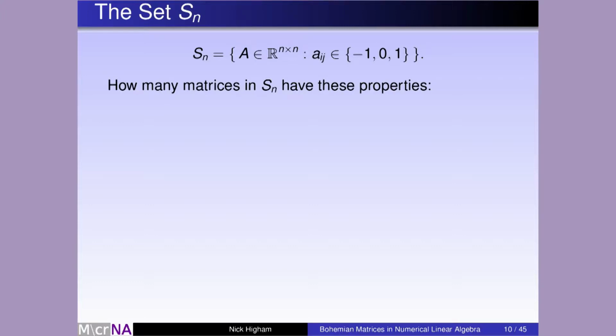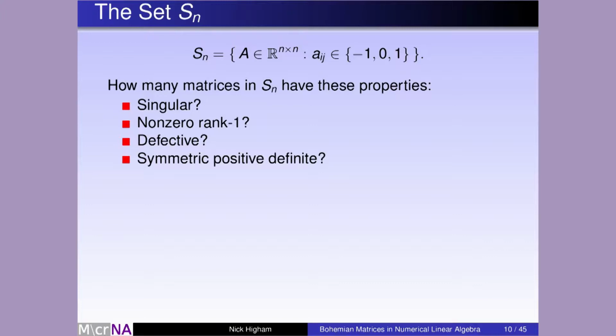And so the sorts of questions that I would first think of when faced with that set are: how many matrices in the set are singular, or rank 1, or defective, so don't have a complete set of eigenvectors? Symmetric positive definite. This class in general is non-symmetric, but there are lots of symmetric matrices in there. Orthogonal, totally non-negative. Now this is a property that means you take any submatrix and it has determinant that is non-negative.